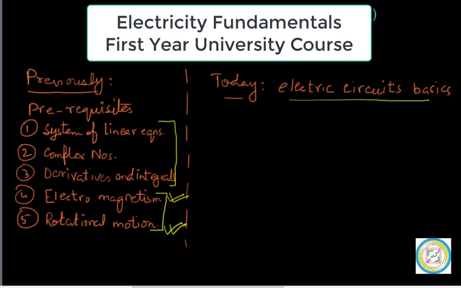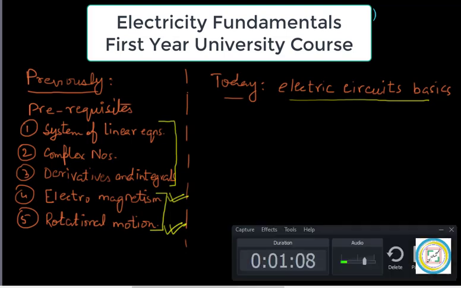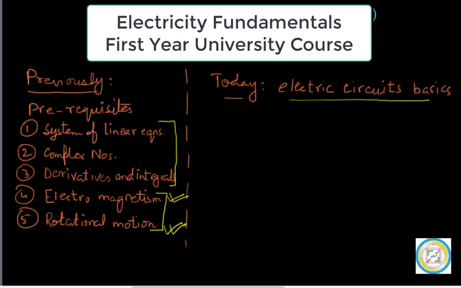So, the first idea that one must understand is what is an electric circuit. How do you describe an electric circuit? An electric circuit is simply a closed path that allows for current to flow in it.